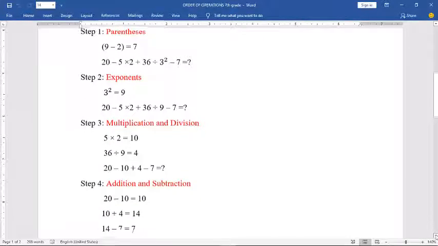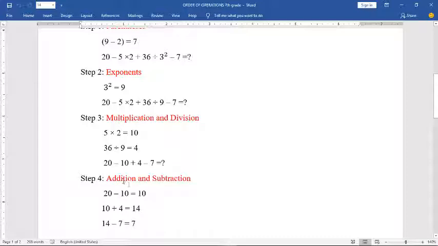Let's go for the last step. The last step is addition and subtraction. The reason why they put them together is because we might find the subtraction problem first or the addition problem first. In any case, we solve from left to right. In that case, we have the subtraction problem first. We solve it first. 20 minus 10 is 10. The second problem is 10 plus 4, which is equal to 14.